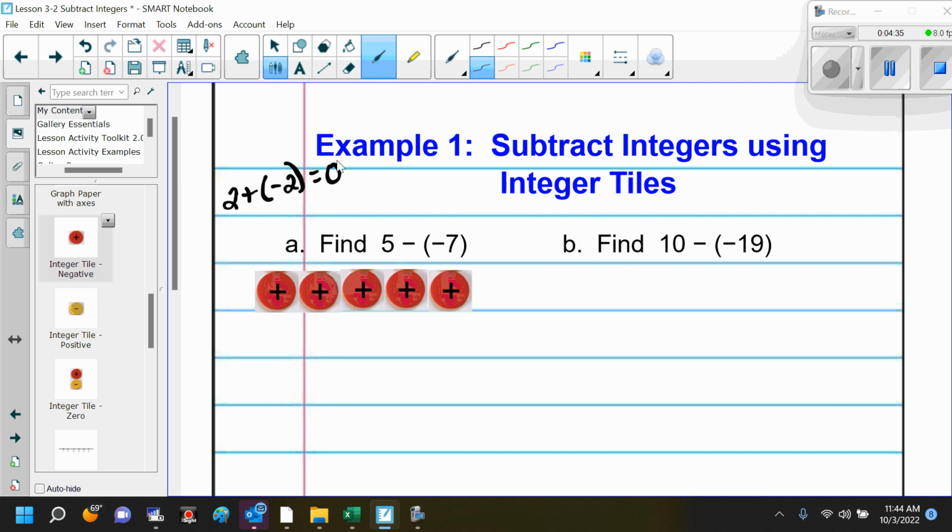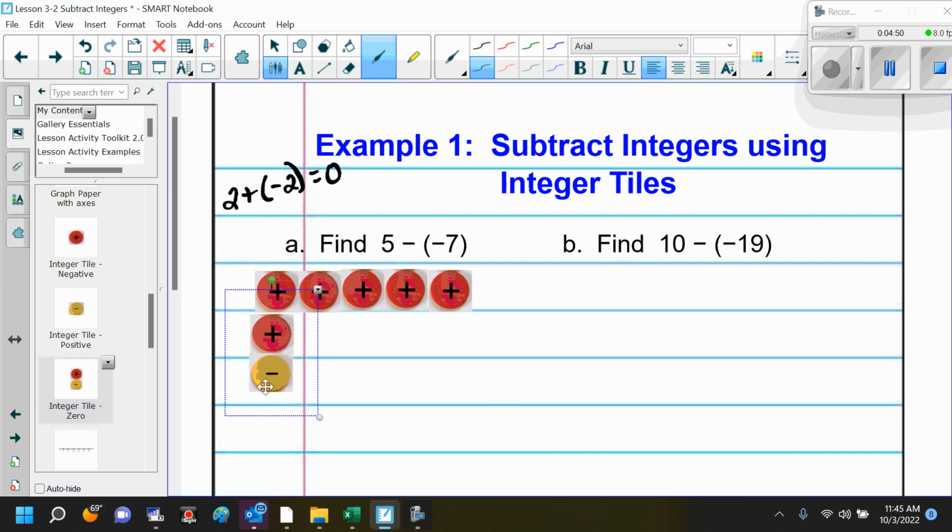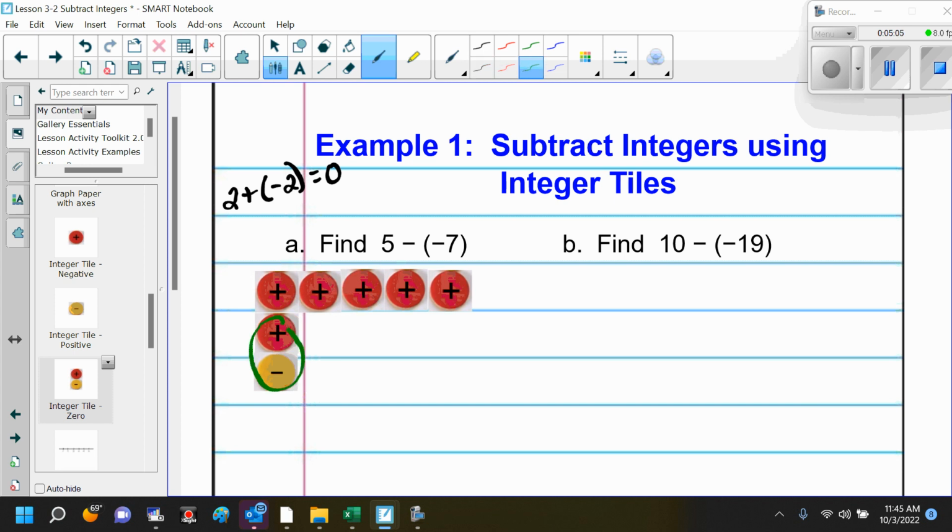When you add 0 to any number, you get the same thing, right? So if I put this here and I added this to the 5 that are there, don't I still have 5? Yeah, because this is equal to 0.